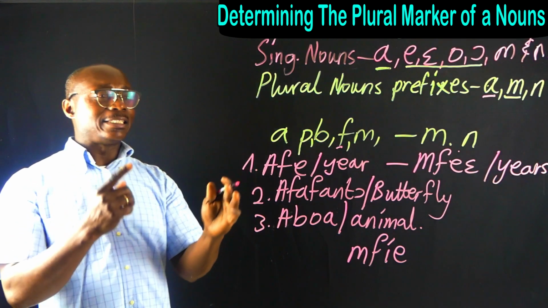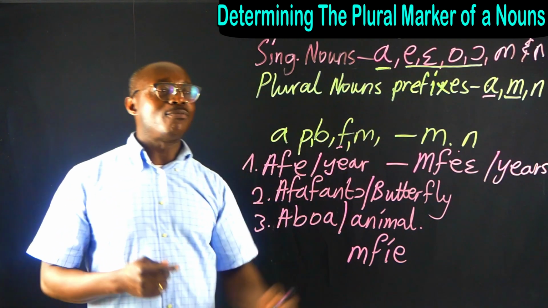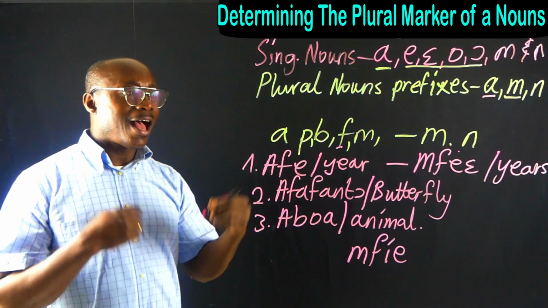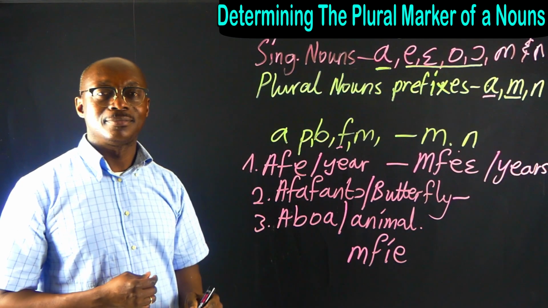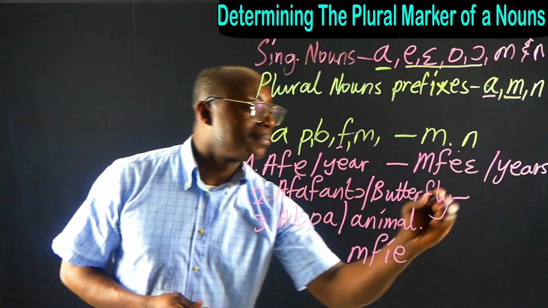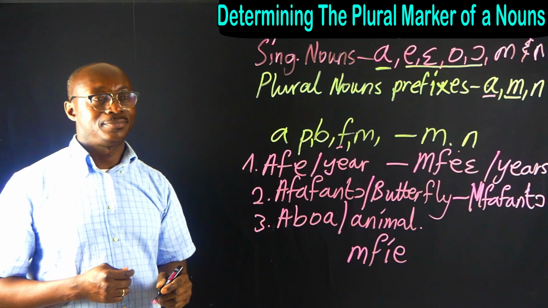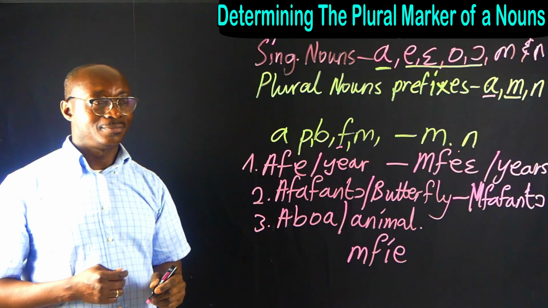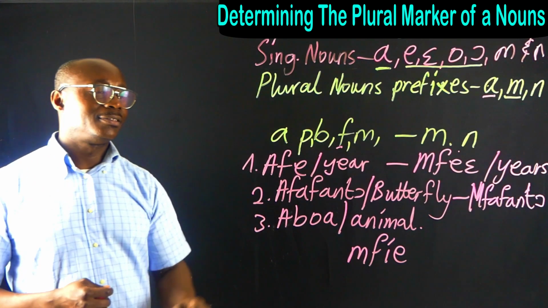With that in mind, what do you think this one, afafanto, butterfly, if we have many butterflies? How are you going to say that in Twi? Mfafanto. Good. What about this one?